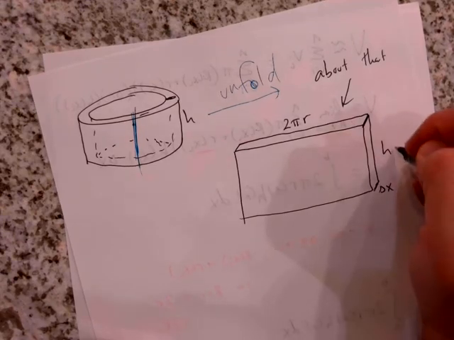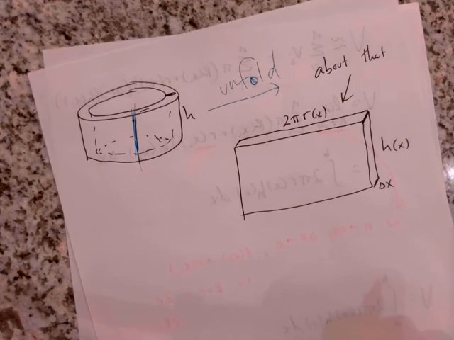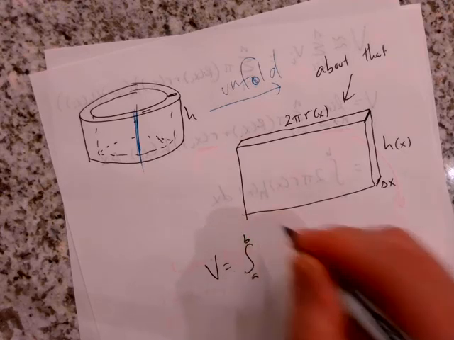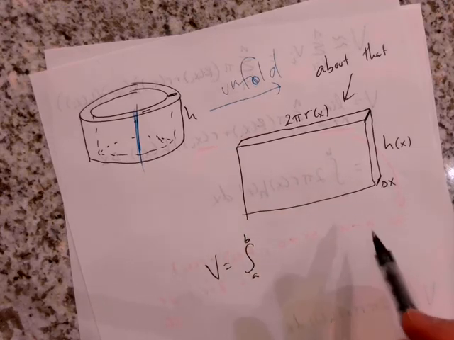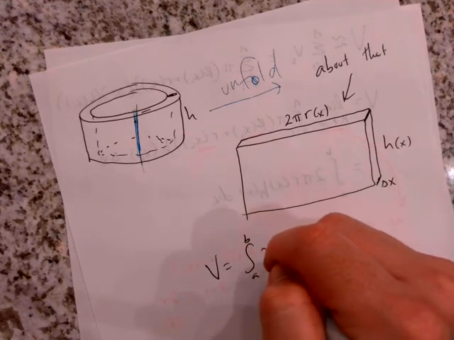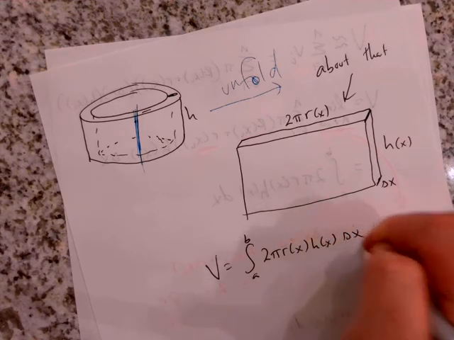Now both the height and the radii are a function of x. And so when you use the shell method, you're just taking the sum of an infinite number, which is the integral, of the volumes. That times that times that, base times width times height. There's the base, there's the height, there's the width.